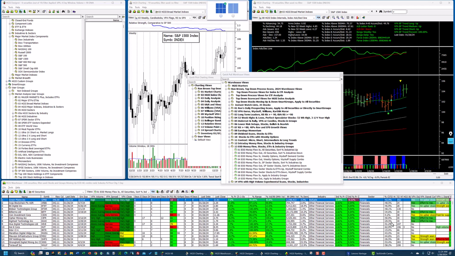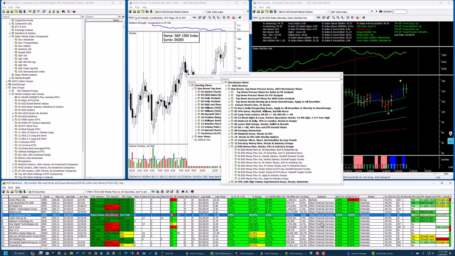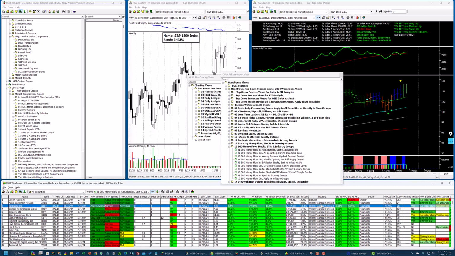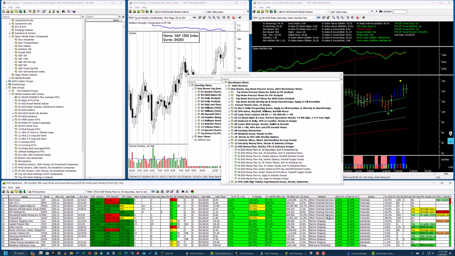And you can see that most of these are, well, here's one, biofuels, but most of these are Bitcoin related, crypto related stocks, and those fall under other financial services. And that was the second strongest industry on Friday, up 2.61%.